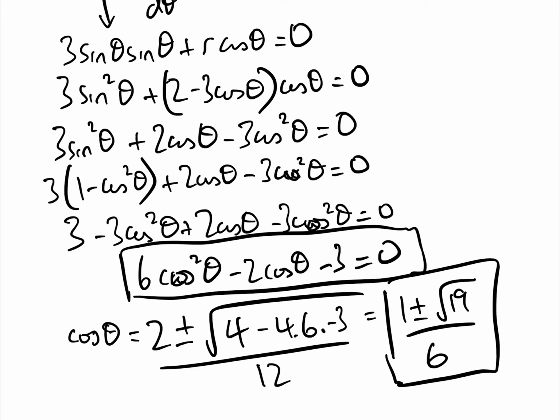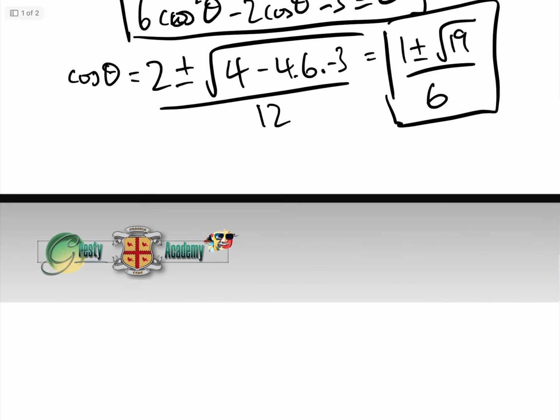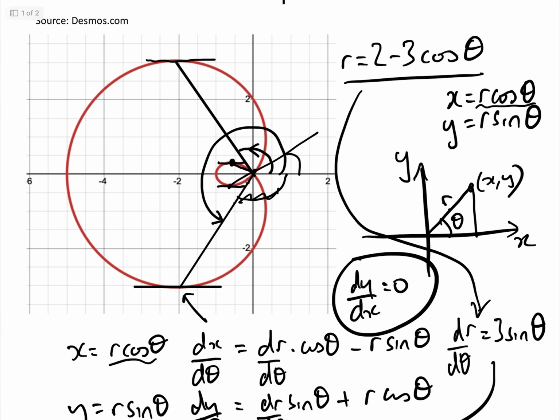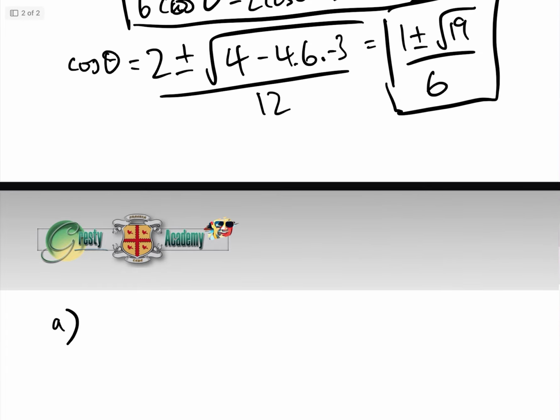And that is our answer, but we just need to tidy it up slightly. Basically we have our 4 solutions, and if we look back at our diagram, we have 4 values of theta: that one, that one, that one, and that one. So we have, let's say, cos theta equals 1 plus root 19 over 6.